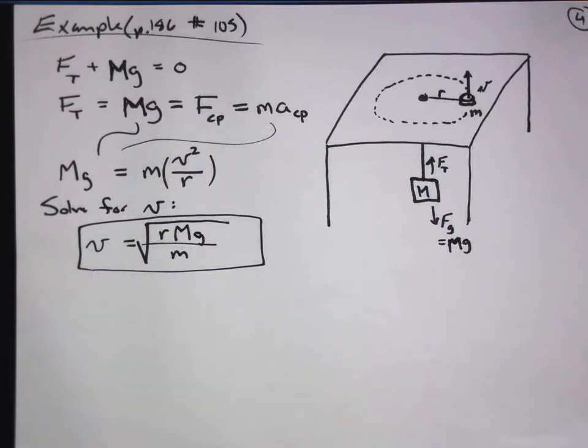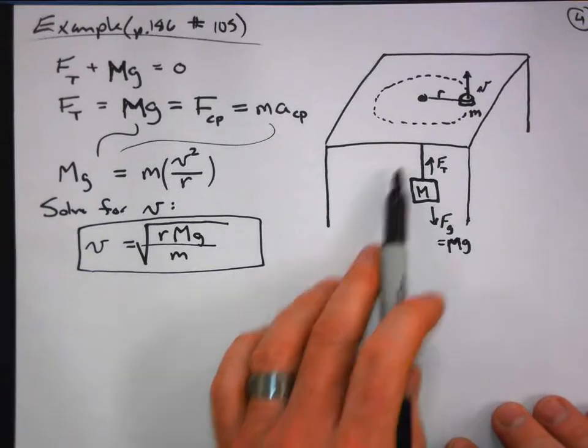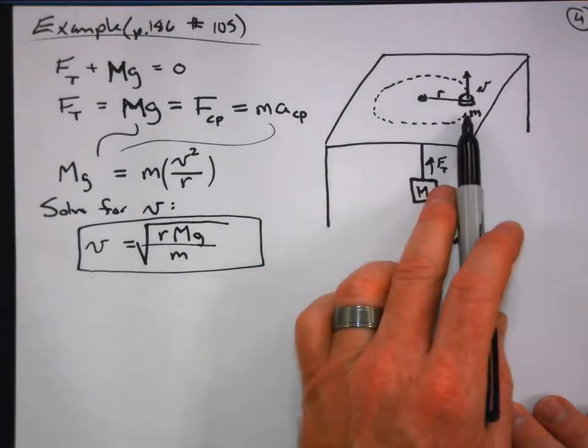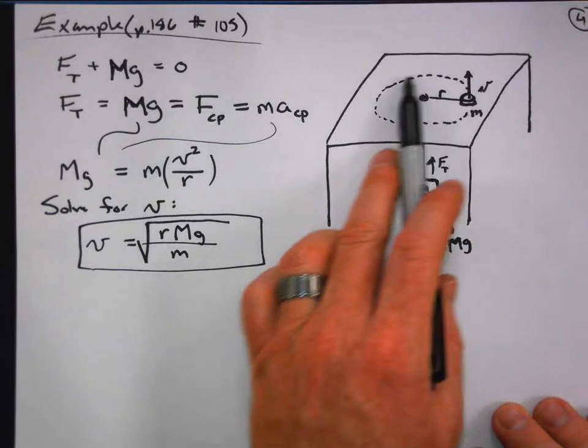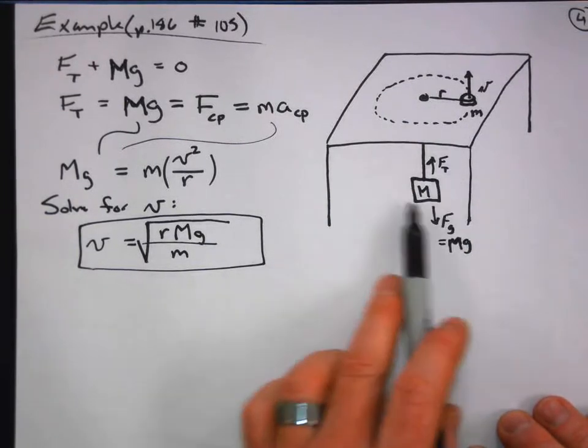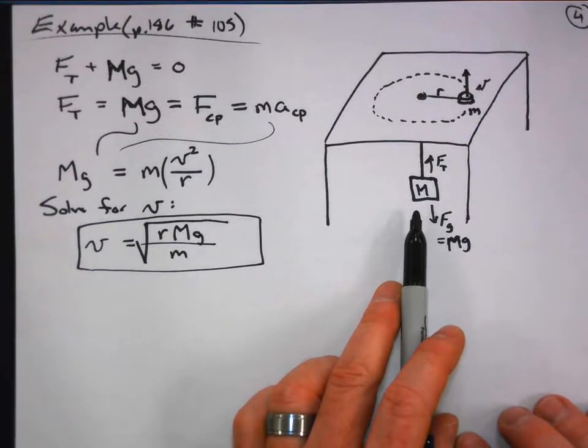And you look at it and you go, well, it can't be that simple. Well, it really is in this case. You had a static situation here. You had a simple circular motion situation here. And the speed here is just enough to maintain that static situation for this object hanging down below the table.